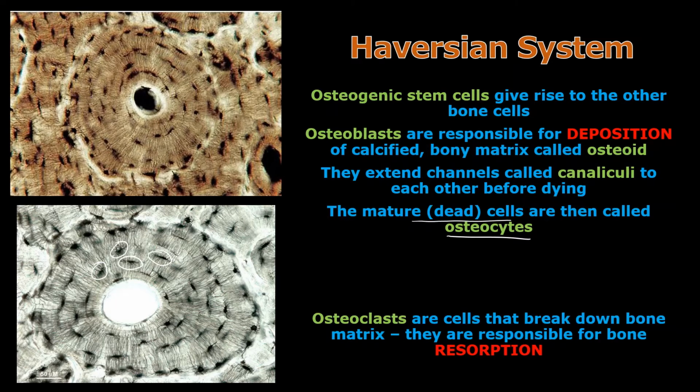Okay, clasts, and this will become important when we talk about some of the hormonal influences on bone growth. Clasts break things, right? If blasts are makers or builders, clasts are destroyers. They are responsible for what's called bone resorption, that is tearing apart bone and resorbing it into the blood.